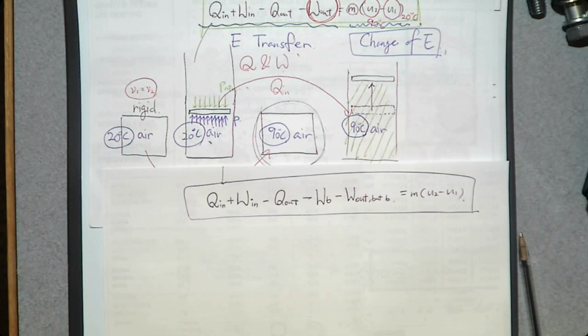And then once this WB is done by the air to the surroundings, is it going to be gone? Now, because of this, there is an expansion of air. So the total energy of the air is going to increase by the same amount as this WB, right?